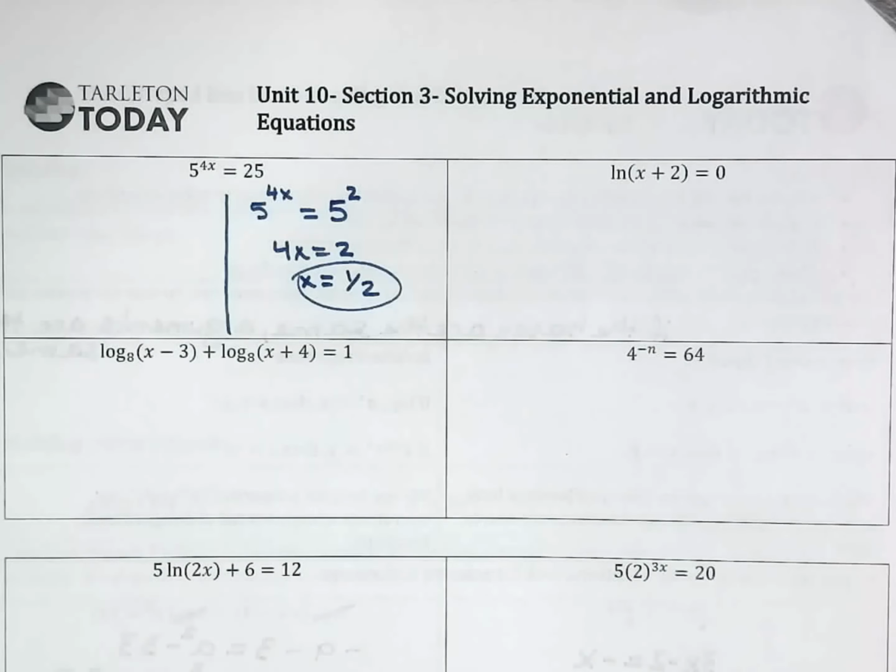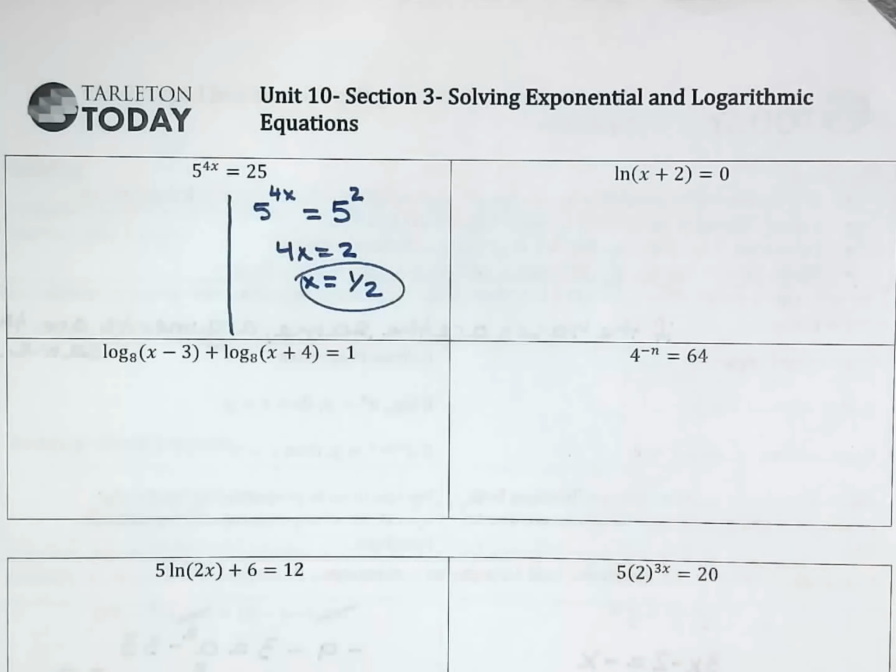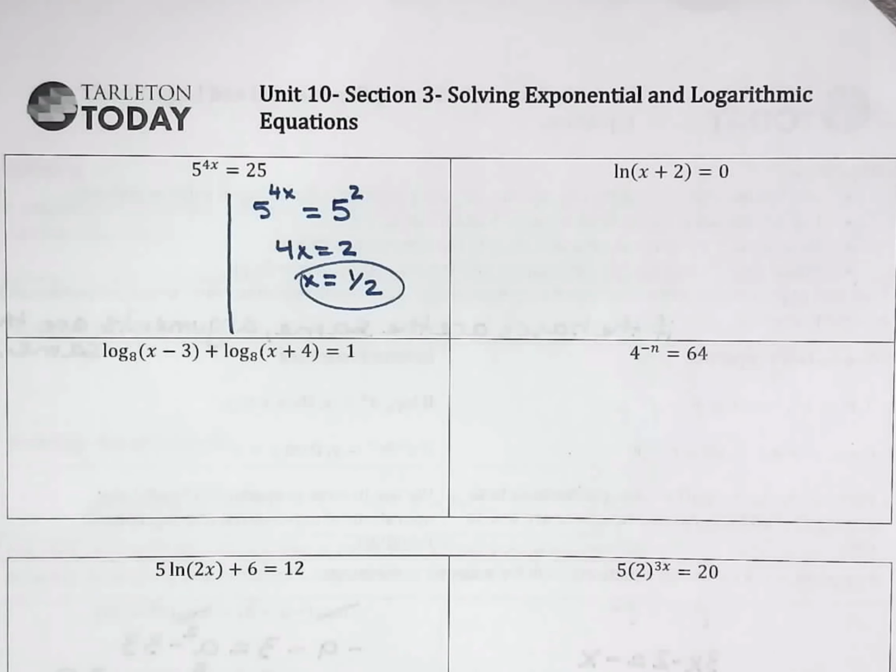This is one way. If you don't like it this way because you just can't see that 25 is 5 squared, you can also think, well, if the base and the argument are the same, then that simplifies down to 1.